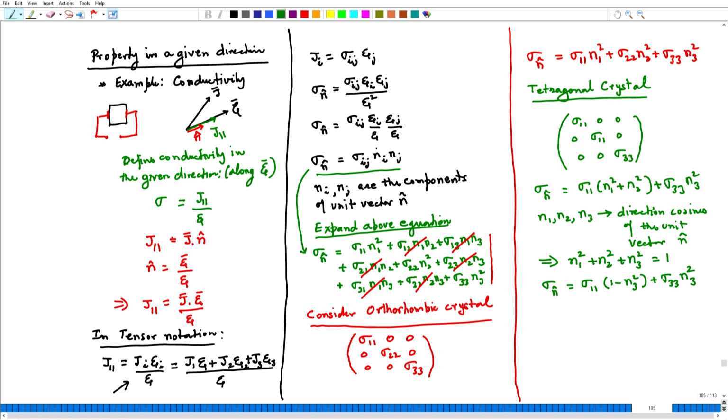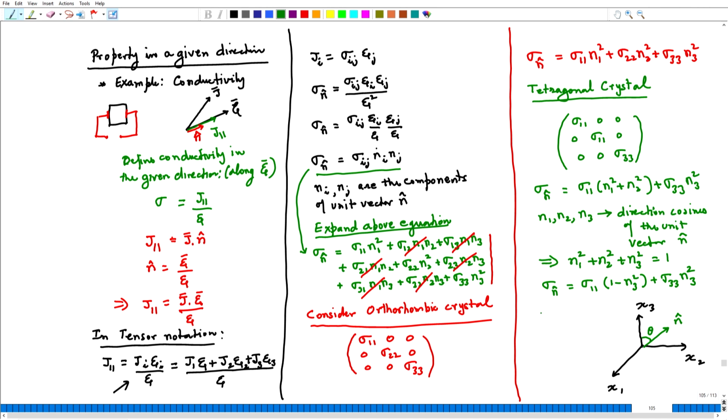Essentially, if I put this in the reference with x1, x2, x3 axes, and let us say this is the unit vector direction along which I want to know the conductivity. Let this unit vector make an angle of theta with the x3 axis.